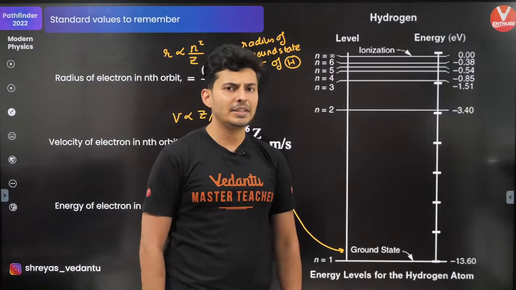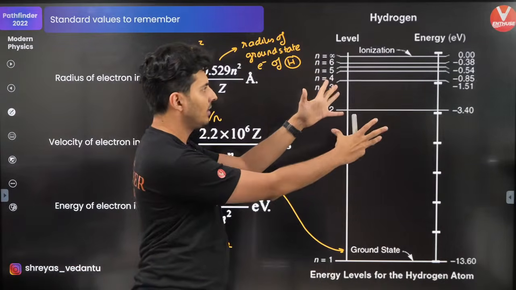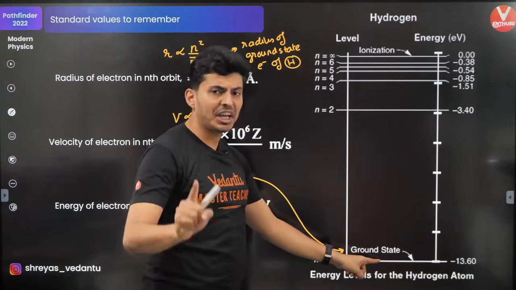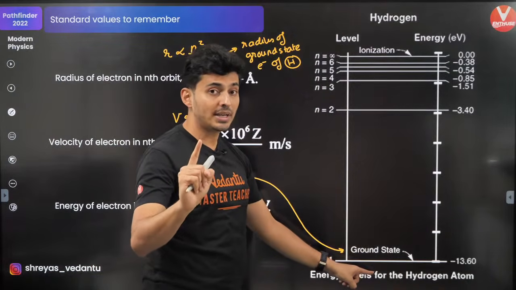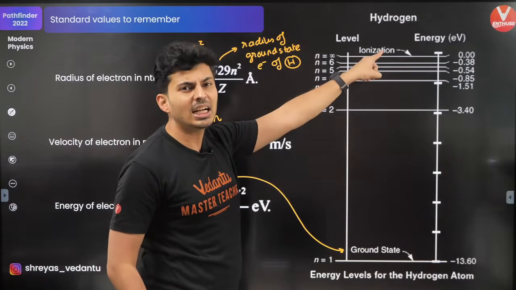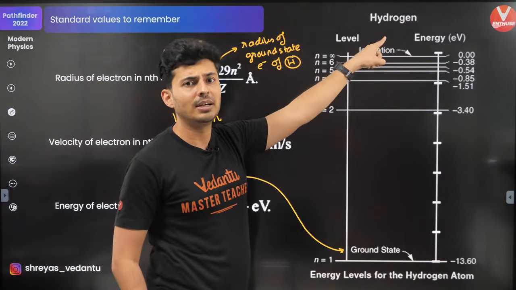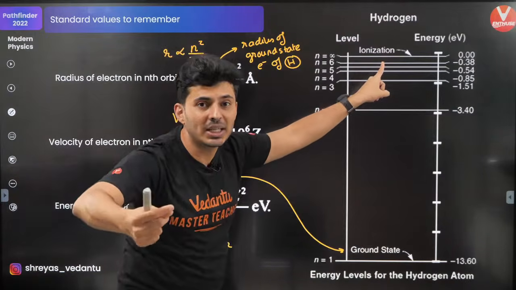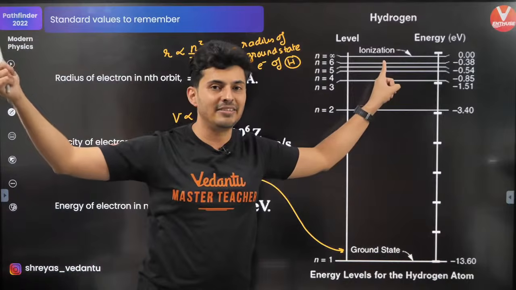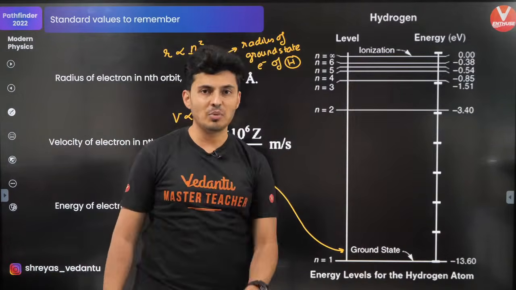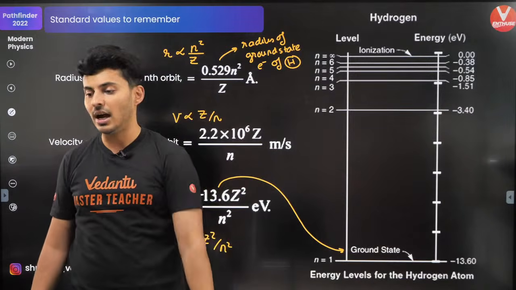You should remember this chart, and then think: ground state energy is minus 13.6. To ionize means chuck that electron out, that means n tends to infinity. You need to give it plus 13.6 so that it is pushed outside the atom. Hence, the ionization energy is 13.6 eV for a ground state hydrogen atom.